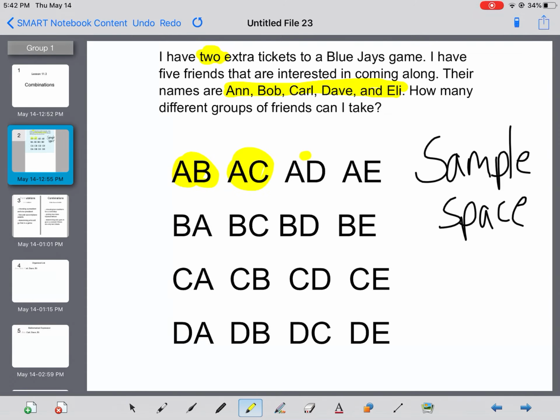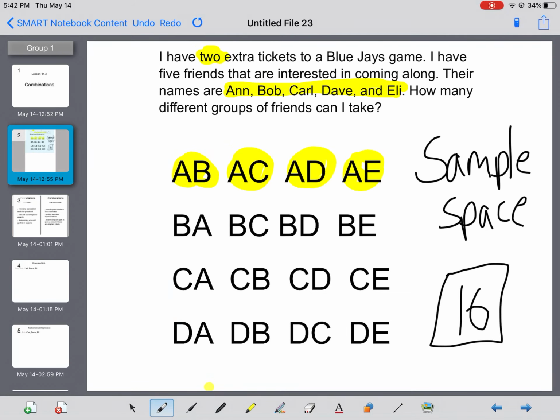Another option is to take Anne and Carl, Anne and Dave, and then Anne and Eli. So I created a sample space with all the different possible arrangements of my friends. And you'll notice that I am able to take 4, 8, 12, 16. There are, in fact, 16 different possible arrangements for when I take my friends using my sample space.